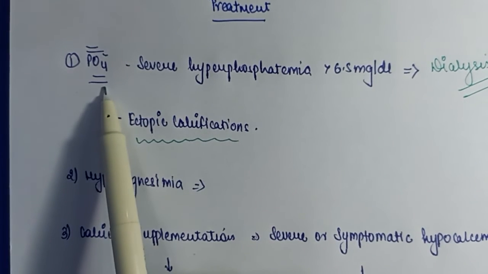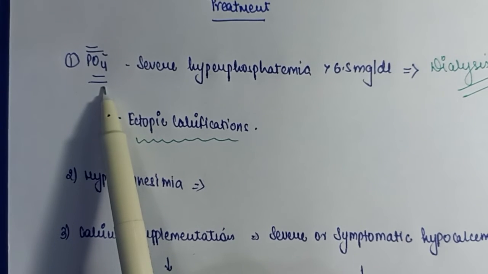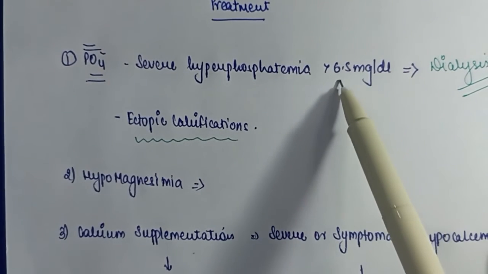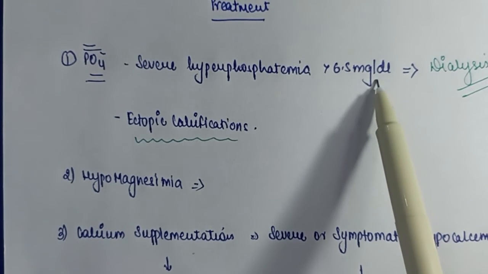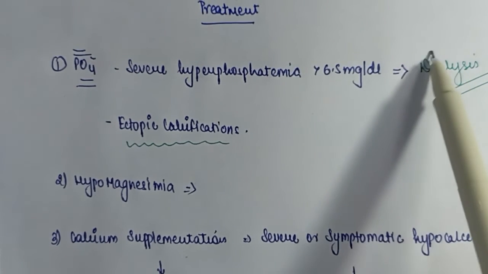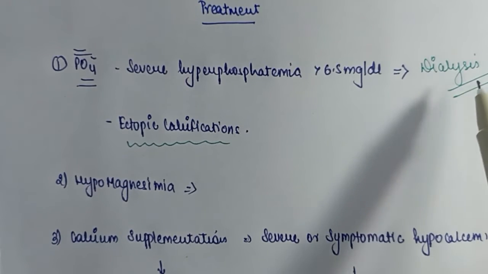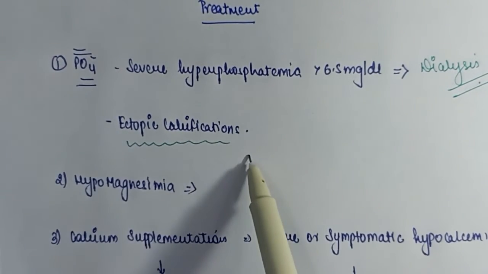So if there is severe hyperphosphatemia, more than 6.5 milligram per dl, most commonly seen in CKD patients, you should go directly with dialysis, otherwise you will harm the patient. It can result in ectopic calcification.